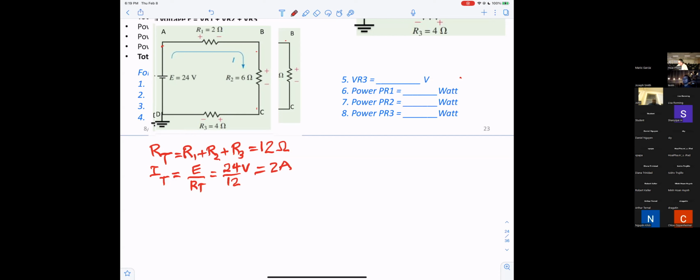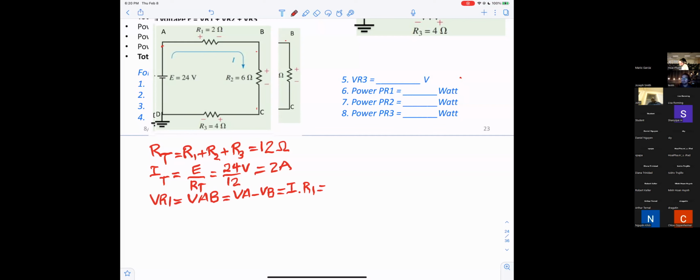Now, if they want to calculate the VR1, that means from A to B. Same thing, VA minus VB, and it will be equal by Ohm's law to I times R1.